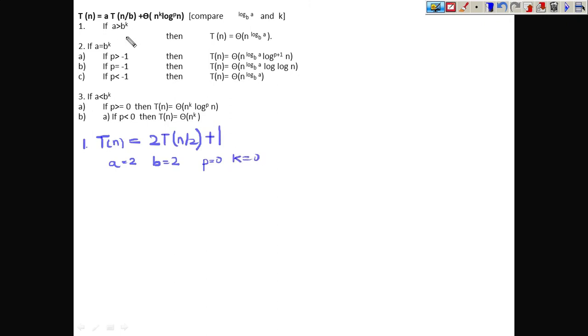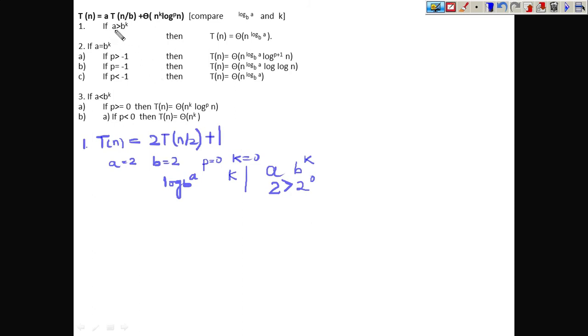All conditions are satisfied, so we can apply the master theorem. We need to find log a base b and also take the k value. So compare a and b power k. a is 2, and b power k is 2 power 0. So a is more than b power k, and we are in case 1.